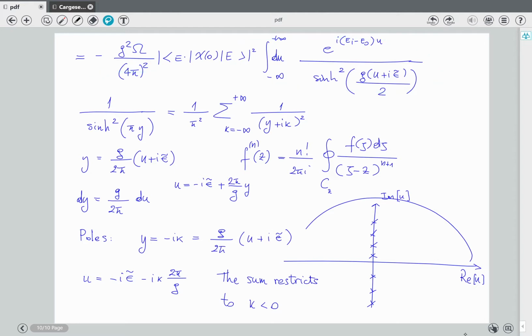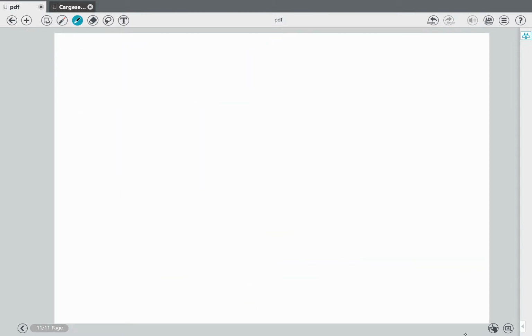Okay, so Pi is equal to what? Minus g squared omega divided by 4 pi squared, the modulus squared of ei chi0 e0.